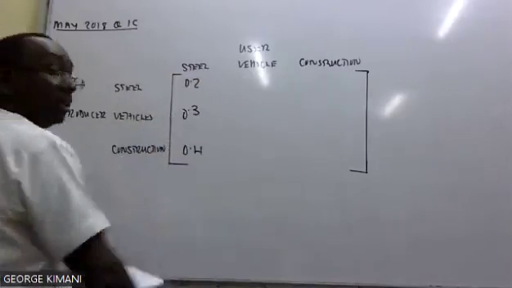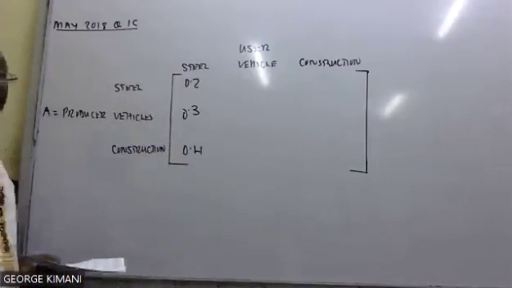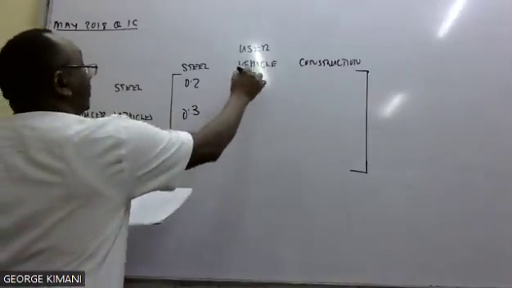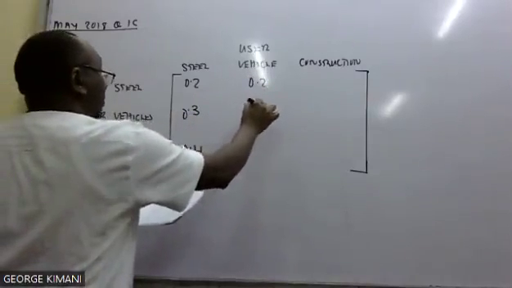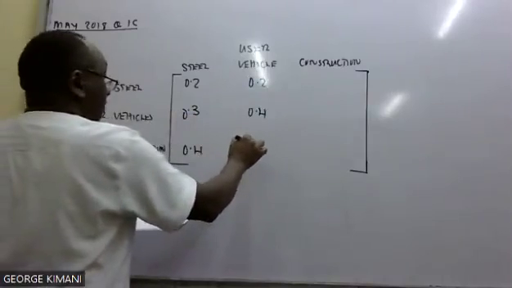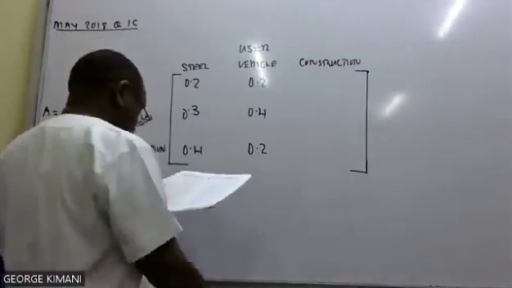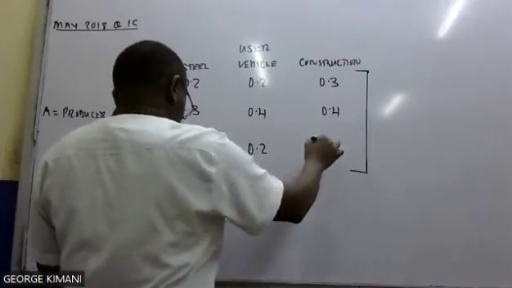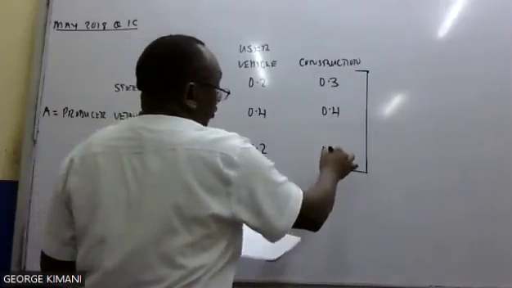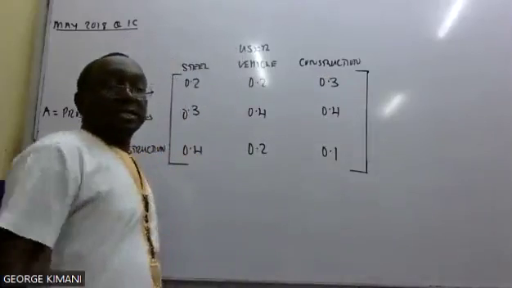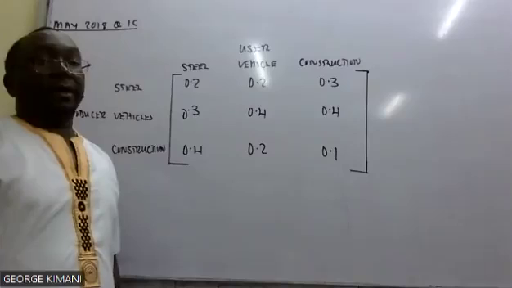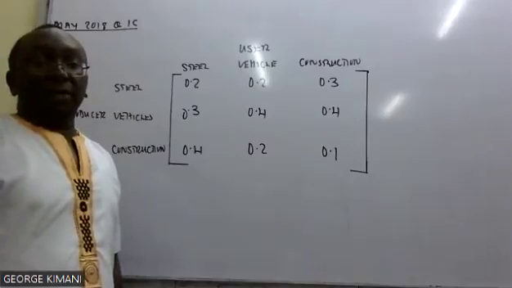Have you done it that way? 0.2, 0.4, 0.2, 0.3, 0.4, and 0.1. That is how it should be. Are you okay with that? Okay. Those who are online, I hope you are okay with that.